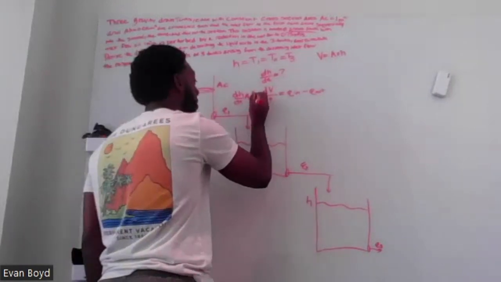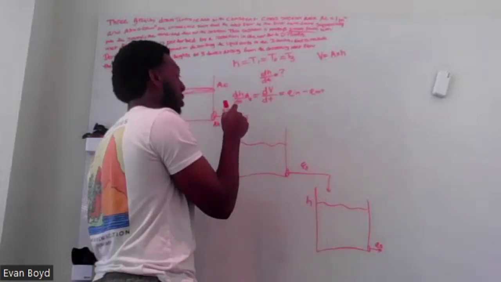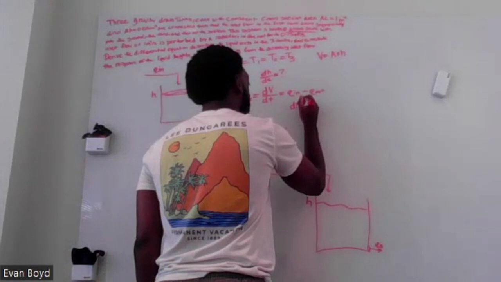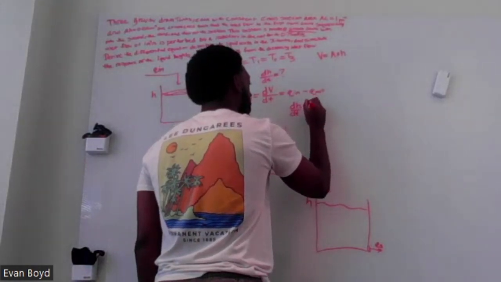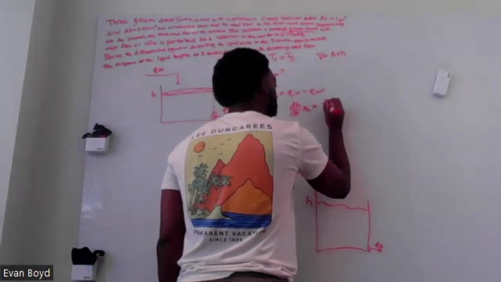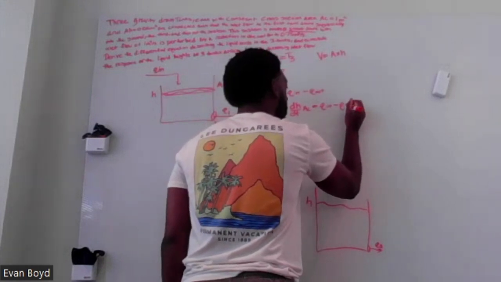So it'll be times AC. So our equation for the differential height for all three tanks would be dH divided by dt times cross-sectional area AC is equal to flow in, Qin, minus flow out.